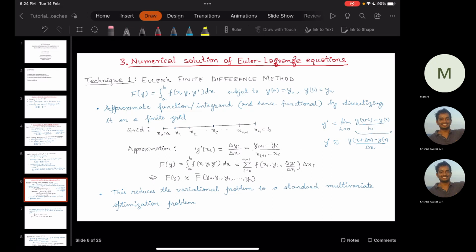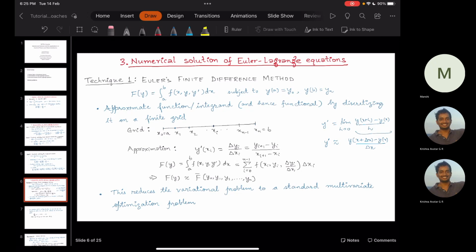Okay, so let's go back to our expression again. We have F of y, and the integrand is f(x, y, y'), isn't it? Now let's substitute the values and convert this integral into a summation.